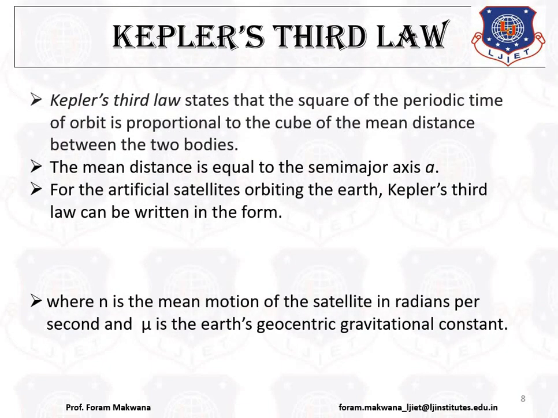Now, Kepler's third law. Kepler's third law states that the square of periodic time of orbit is proportional to the cube of the mean distance between two bodies.